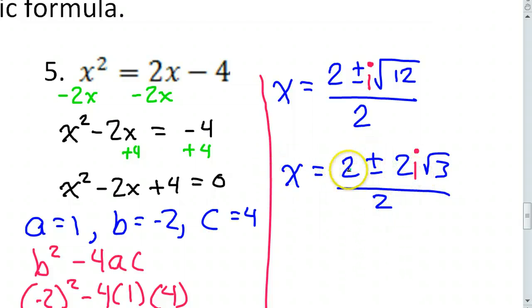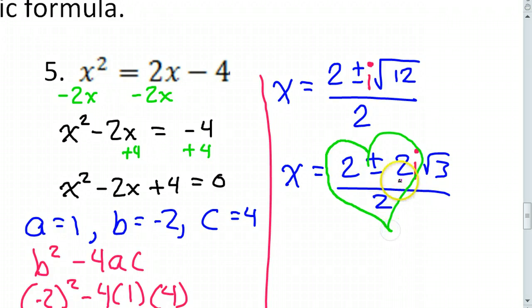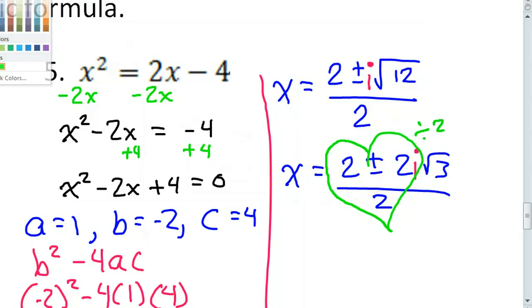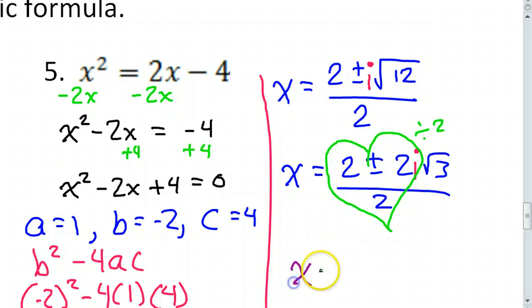Alright, see these 3 numbers? I see a GCF. Whenever you have that, I recommend that you draw a heart around it to remind you that it has to be all 3 of these or nothing. I can't just reduce these 2 numbers. It has to be 3 or nothing. But all of these are divisible by 2. Okay, so that's going to give me x equals 1 plus or minus i radical 3.